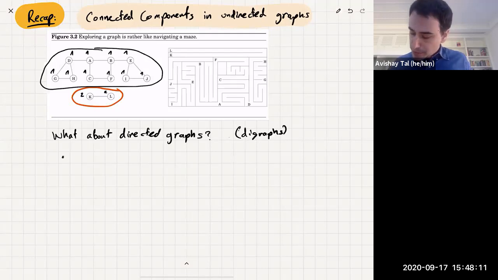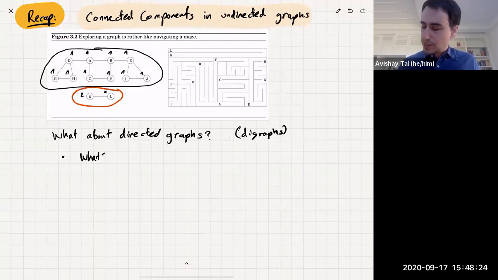So the first question is, what is even the right notion of connected components in directed graphs? So we will answer that. What's the right analog of connected components in the directed case?